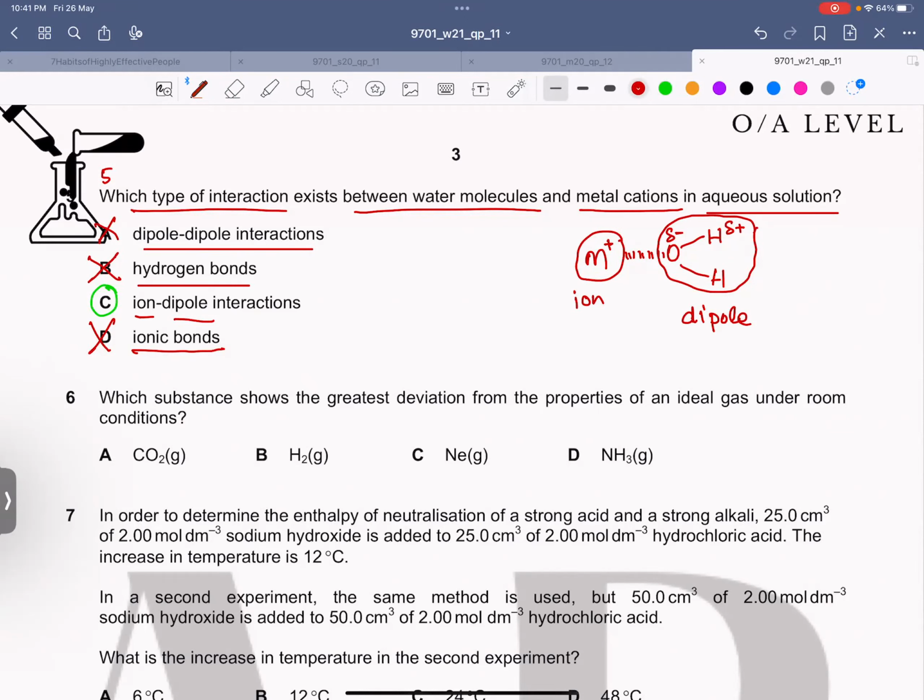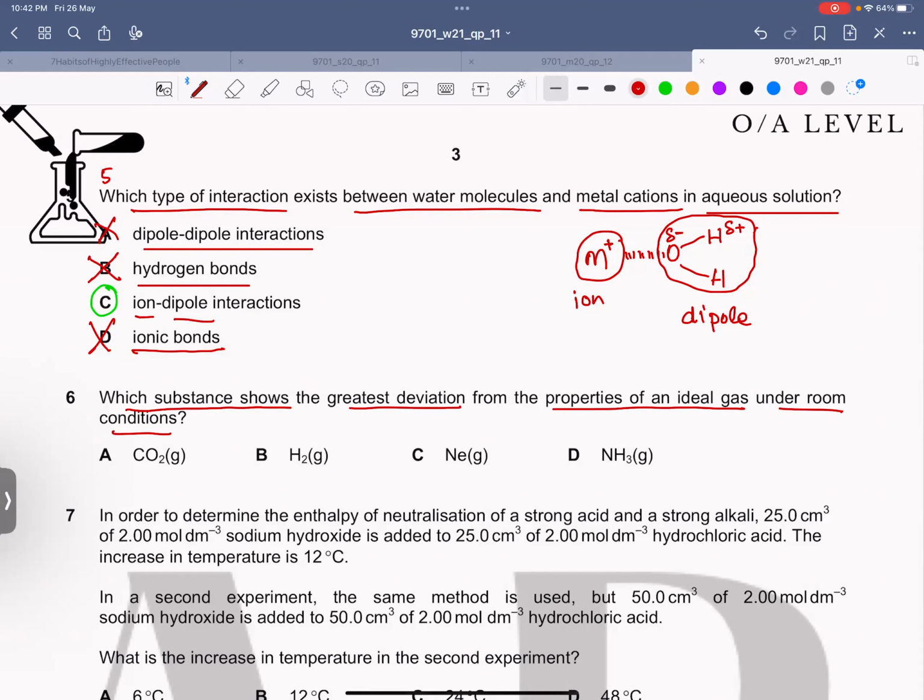Now, question number 6. Which substance shows the greatest deviation from the properties of an ideal gas under room conditions? If you recall, a gas that shows deviation from ideal gas is the one which has the strongest intermolecular forces.